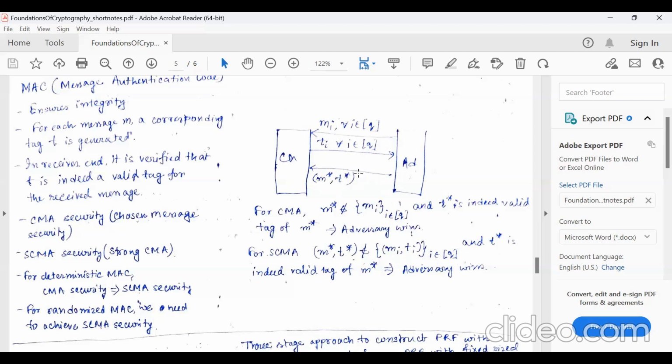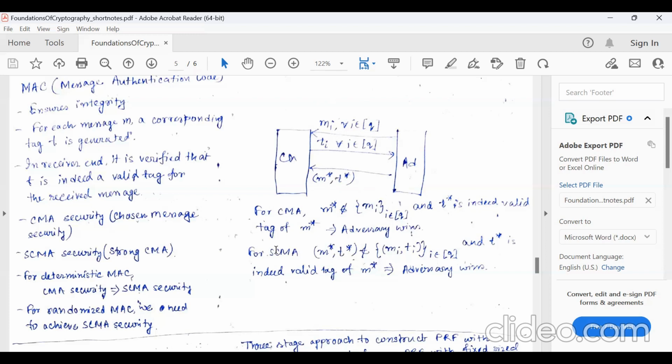Let's denote it as M star comma T star, and adversary wins the game in case of CMA security if M star does not belong to Mi, where i belongs to 1 to Q, okay, for whatever Q number of message tag pairs it has seen previously. So its new message M star should not belong to any of these messages in the query phase, and T star should indeed be a valid tag of M star. Then only we say adversary wins. And the MAC is secure if the probability of adversary winning is negligible.